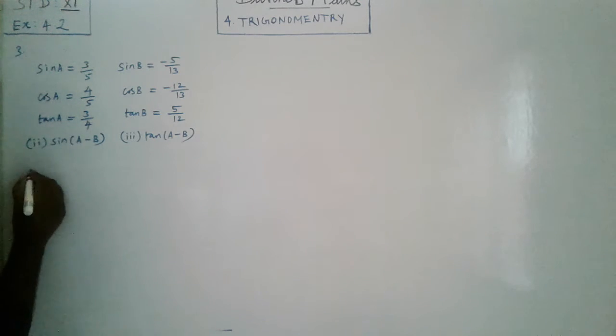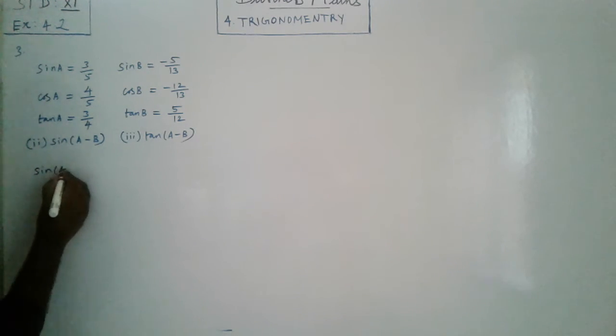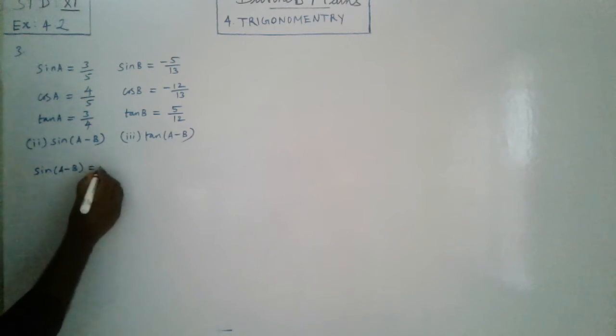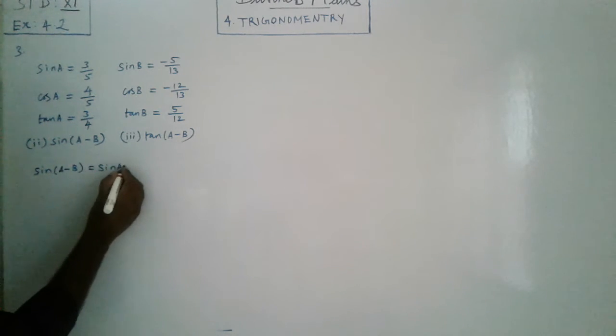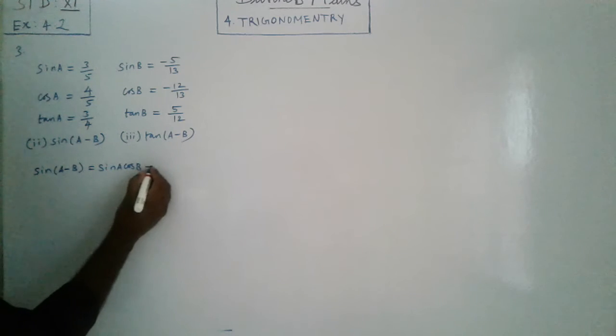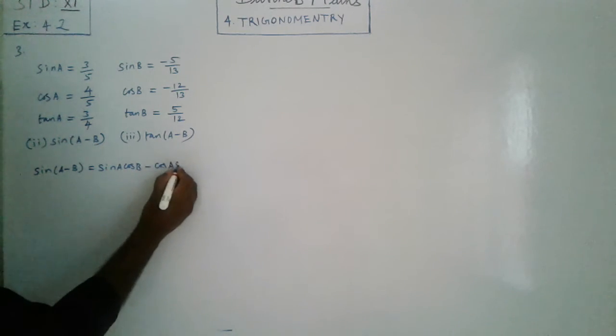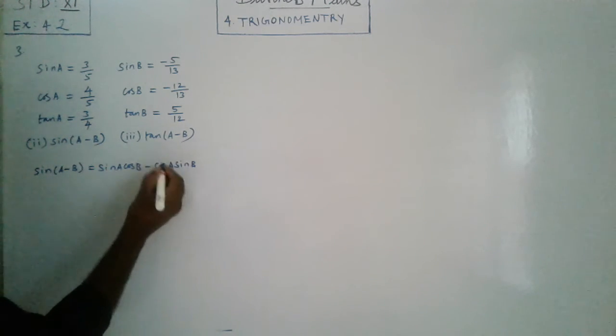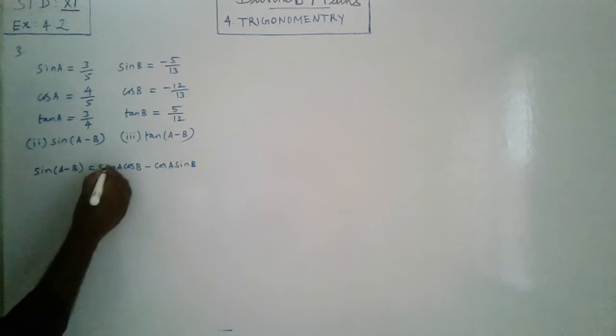Second sum, sin A minus B. We know the formula: sin A minus B equals sin A cos B minus cos A sin B. So we substitute these values.